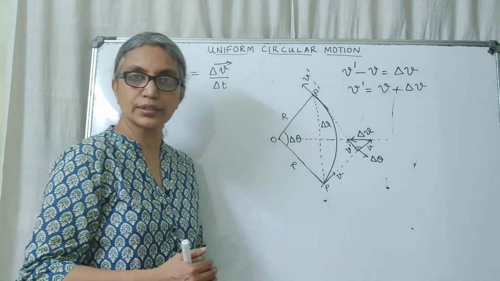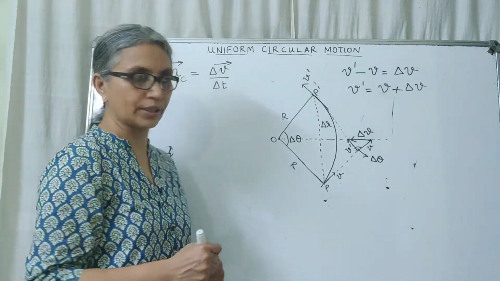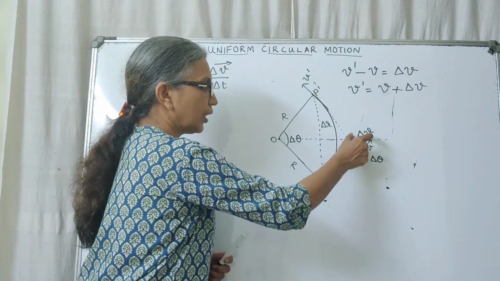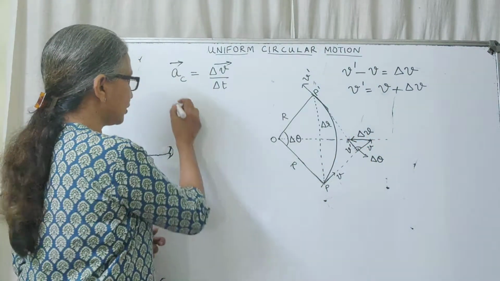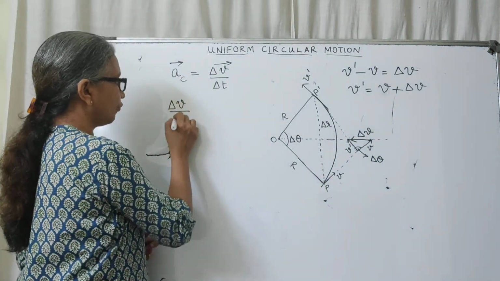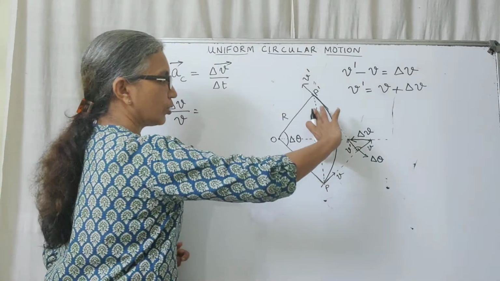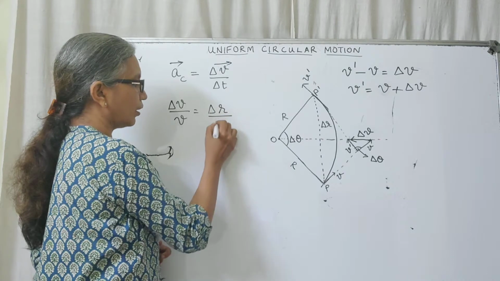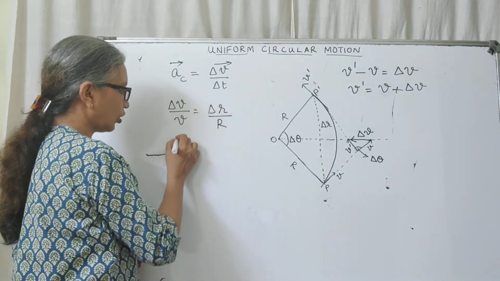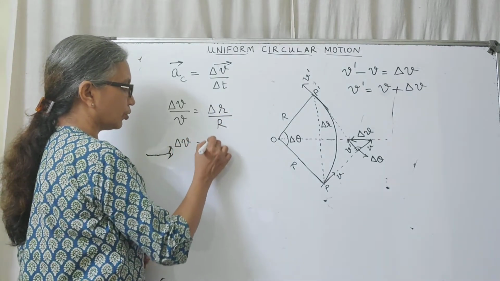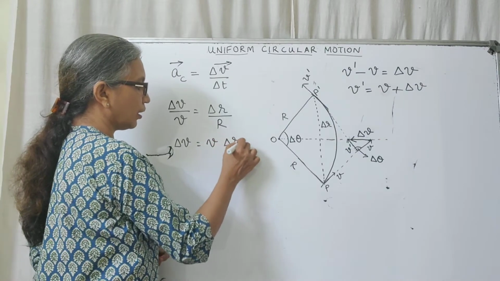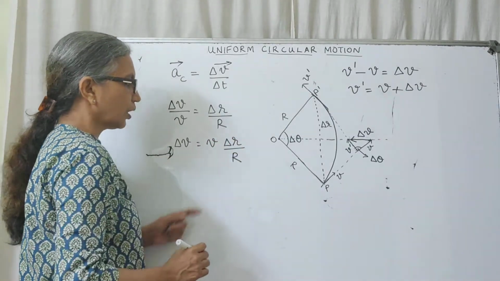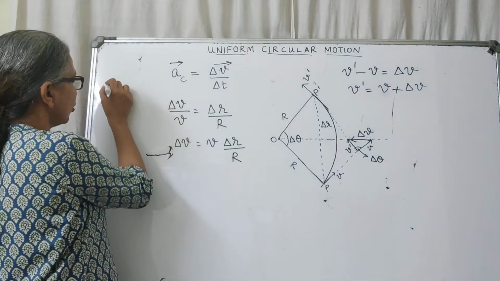So if you want to write the ratio property of similar triangles, I may write delta V by V. That is, delta V by V must be equal to delta R by R. So we have delta V is equal to V into delta R by R.